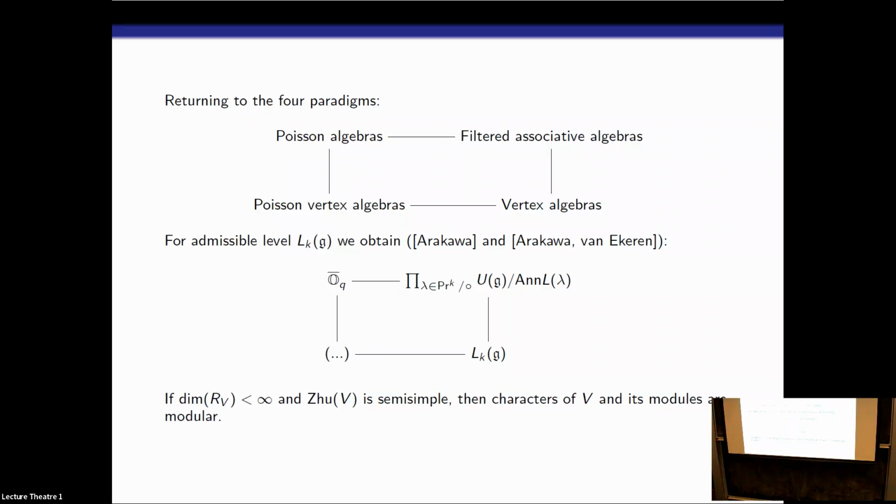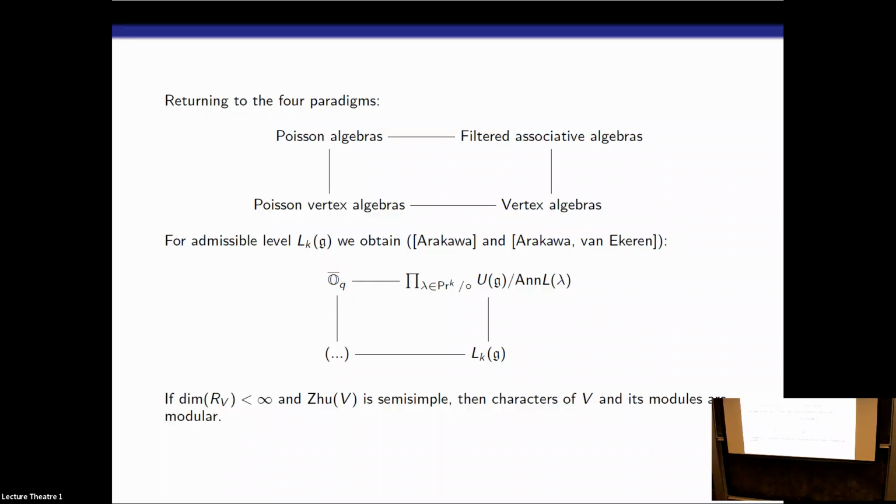It was proved by Arakawa in 2015 that the associated variety, which is the spectrum of R_V, a Poisson variety, is just the closure of this distinguished orbit O_Q.